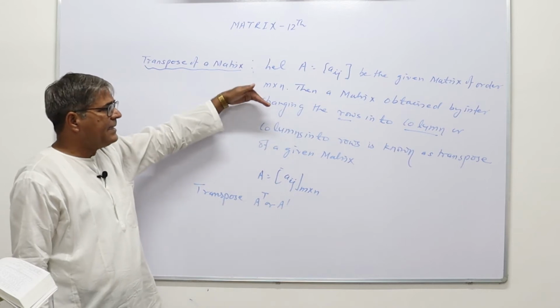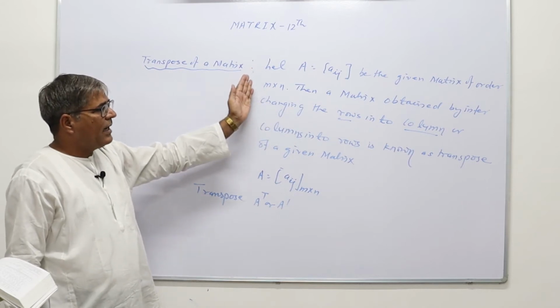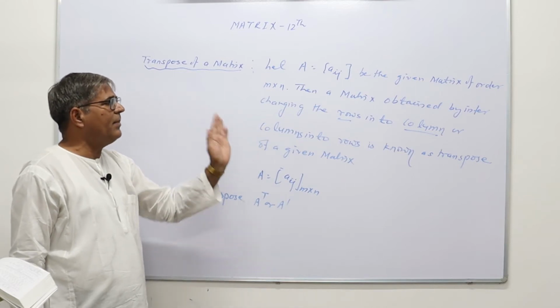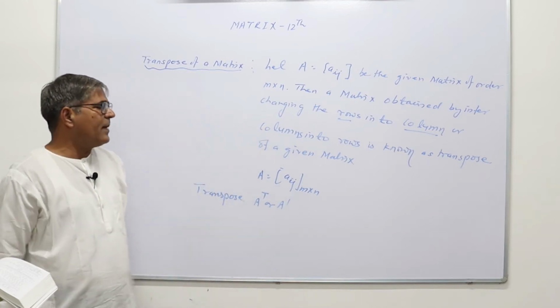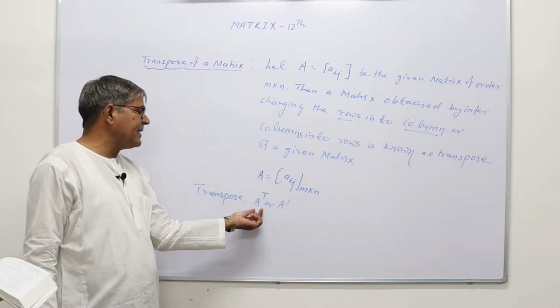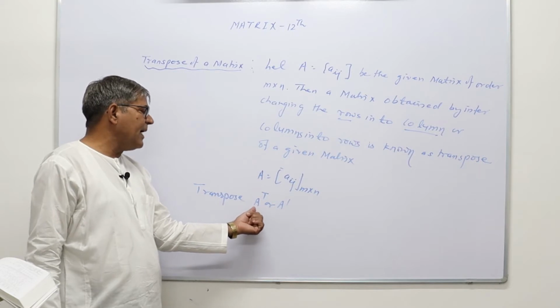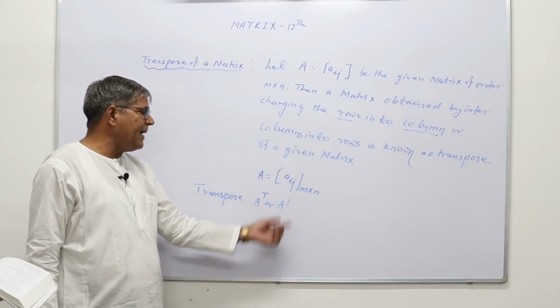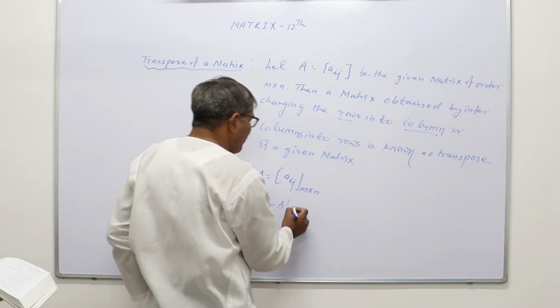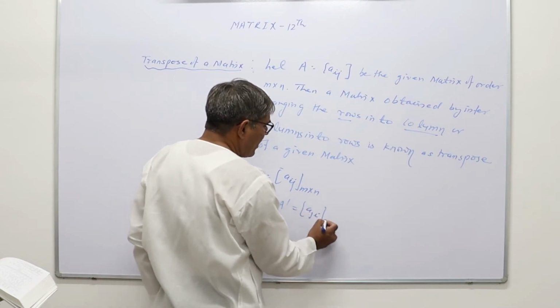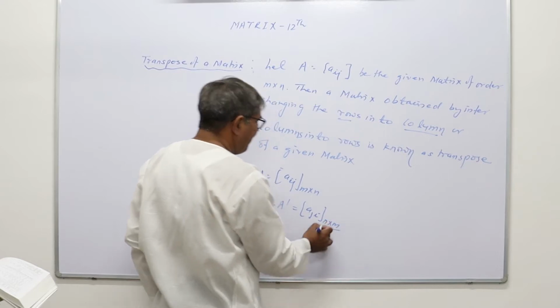Whether we convert all the rows into columns or all the columns into rows, the obtained matrix is represented by A^T, simply read as transpose of the matrix A, or A prime, and it will be equal to [Aji] of order n cross m.